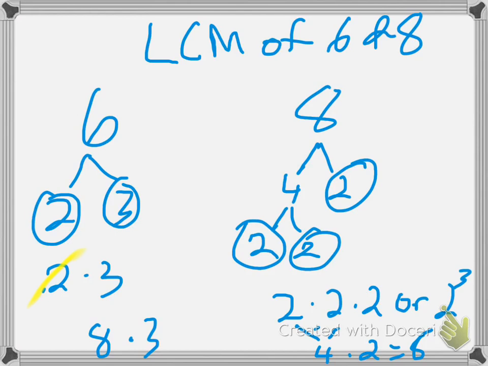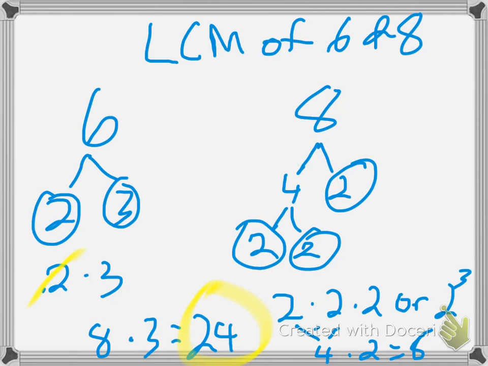If the multiple of 8 doesn't have 3 as a factor, it's not going to be a multiple of both 6 and 8. So we have to have 8 and 3 both in there, and look at that. 8 times 3 equals 24, exactly what we found for the least common multiple for the first example when we just made the list.